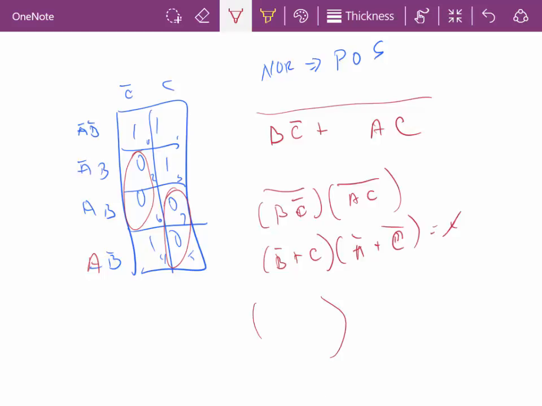Looking at these two, I see that that's B, C naught, so I would write B naught plus C right there. I would invert those automatically. I don't recommend you do that. I recommend what you do is that you say, this is what the function is not, you read out the zeros, and then you apply De Morgan's twice in order to get the right answer right there.